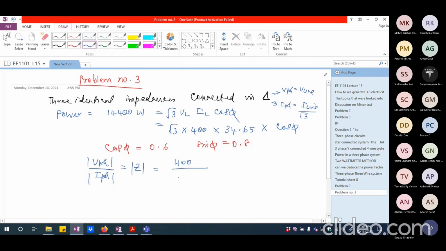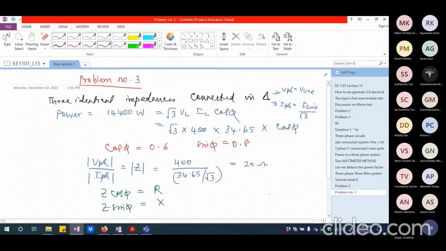And I phase I should be able to write this as 34.65 divided by root 3. So that is going to give me magnitude of Z. I think this comes out to be 20 ohm. Okay. So if this is 20 ohm, I should say Z cos phi will be the resistance and Z sin phi will be the reactance.